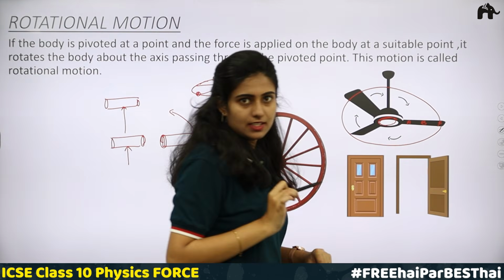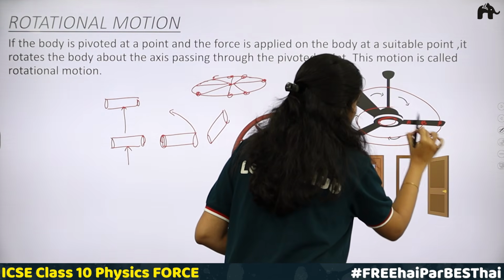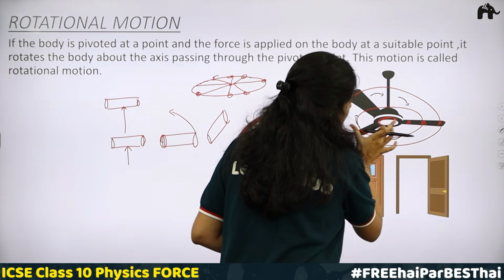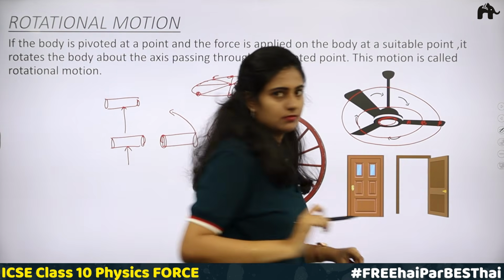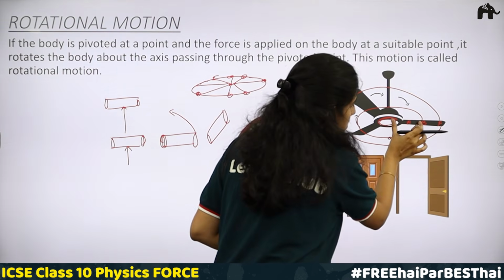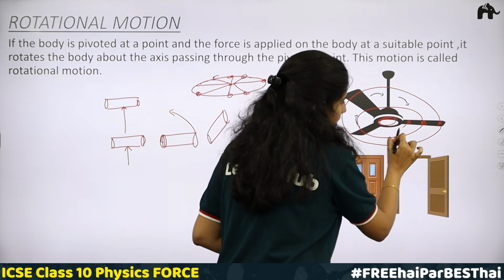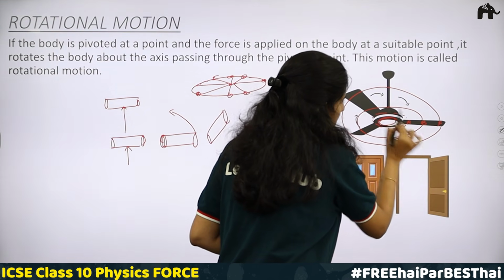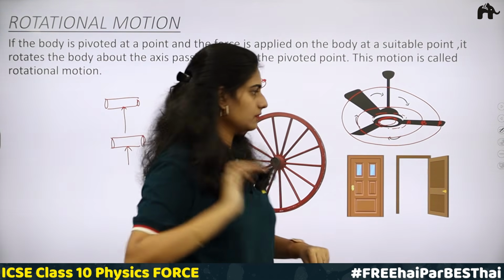It takes a complete circle. Particles which are at point B don't cover as much distance as those at C. They will be moving only this much distance. If it is A, again, they are moving a very small distance.